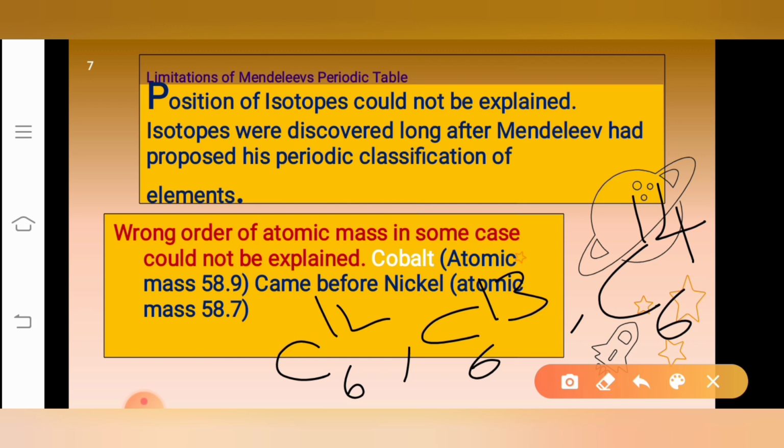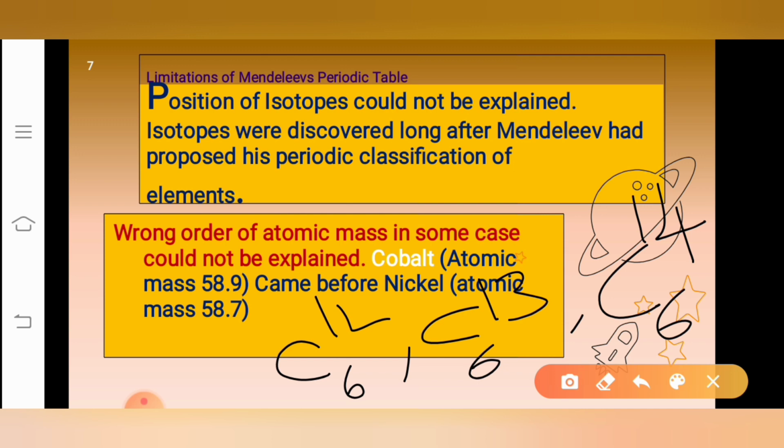I was telling you that Mendeleev arranged the elements on the basis of the increasing order of their atomic mass. So now just think, can carbon occupy 3 slots in the periodic table? Can it be possible for a single element to have 3 different positions in the periodic table?